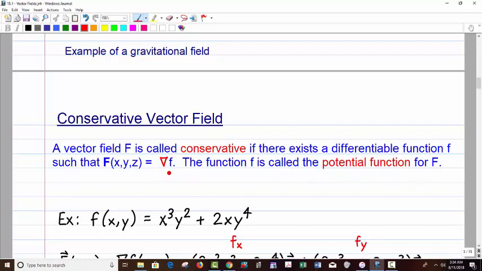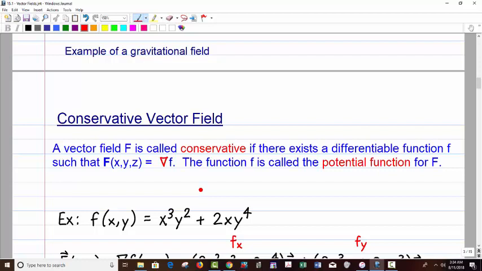So if you can take the gradient of it to yield that vector field, then the vector field is conservative. Not every one of them will have it, and we're going to see how to test for it in just a second. Some will have it, some will not.